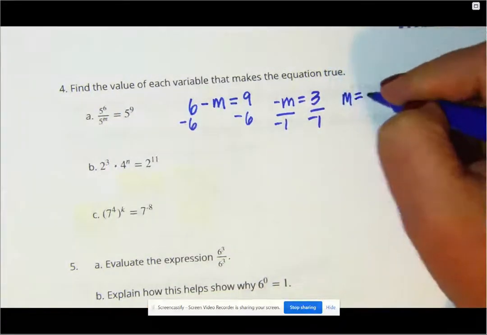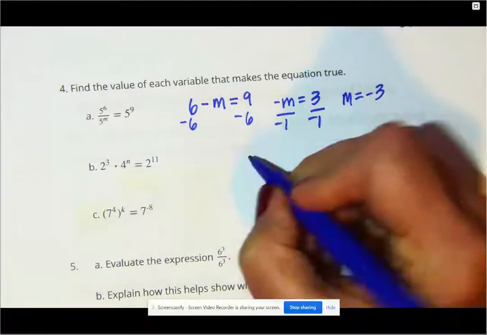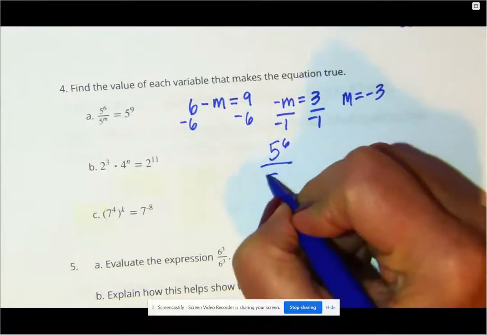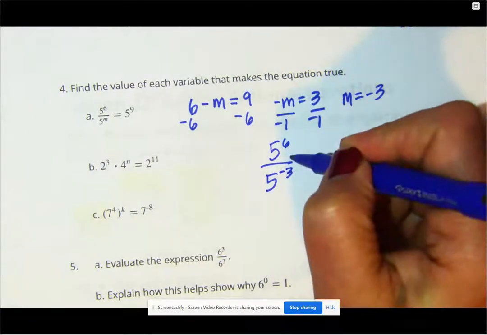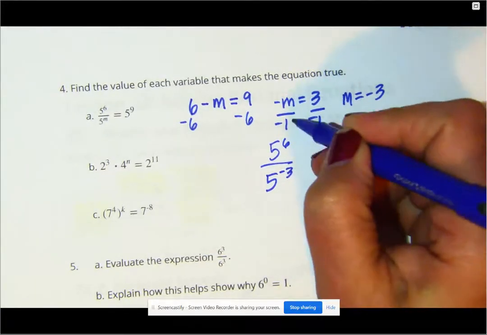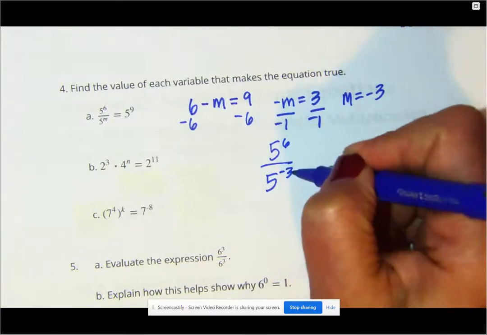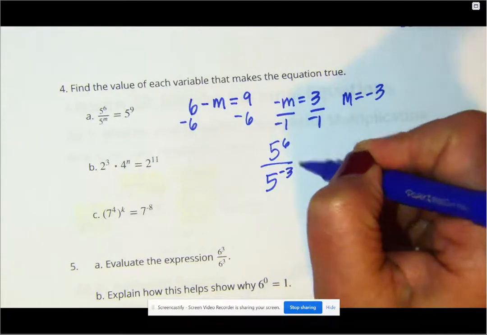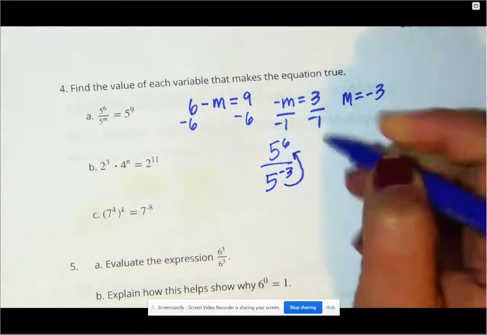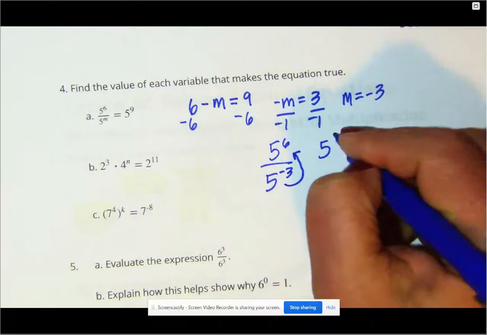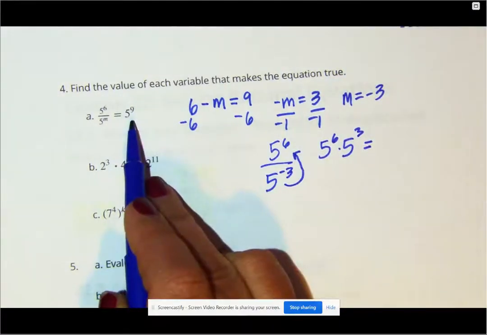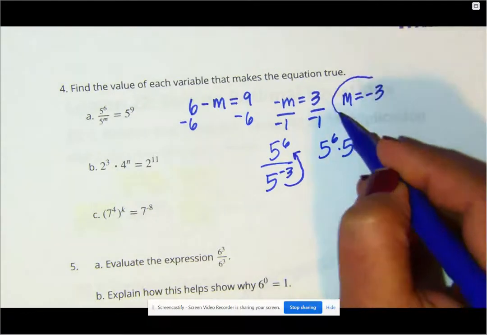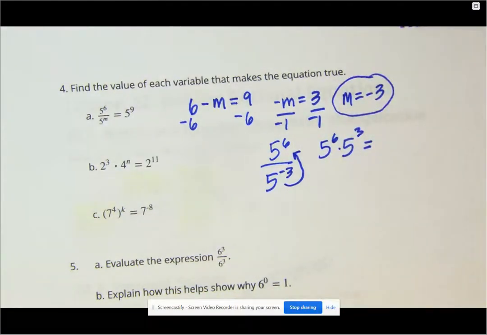Let's just make sure that makes sense. So I had 5 to the 6 over 5 to the -3. If you have 1 over and it's negative, that means those 3 actually belong up here. It's the reciprocal. So this is actually 5 to the 6 times 5 to the third, which makes a total of 9. Okay. M is -3.